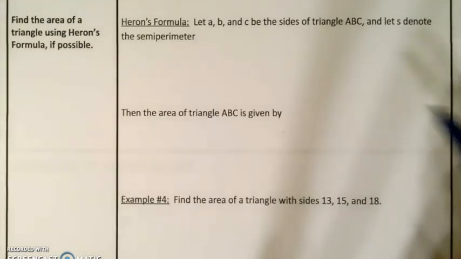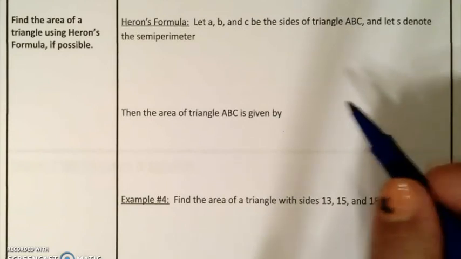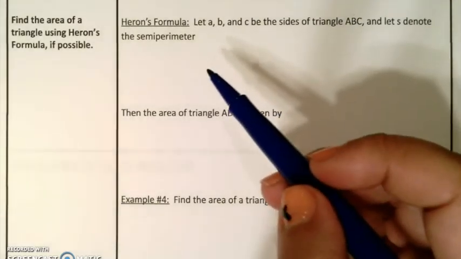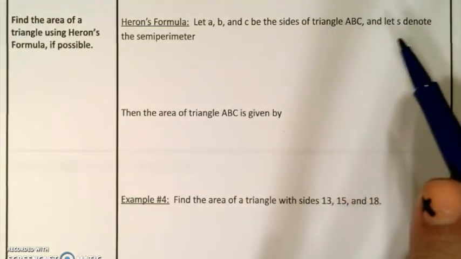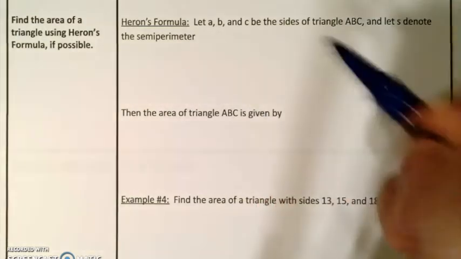All right, looking at the next page, we'll start by defining Heron's formula. Let A, B, and C be the sides of triangle ABC, and S denote the semi-perimeter.